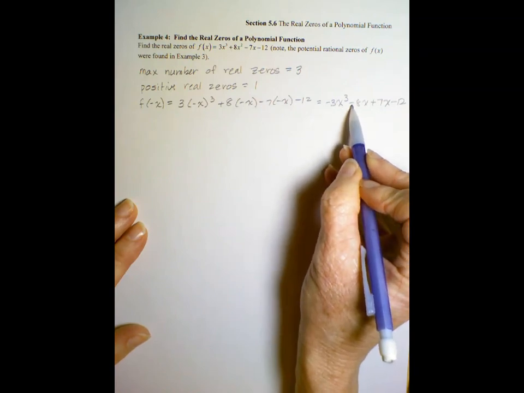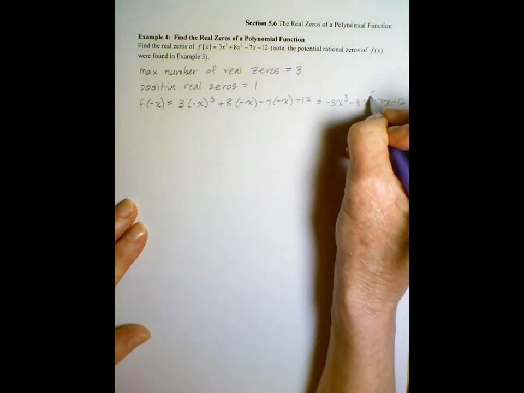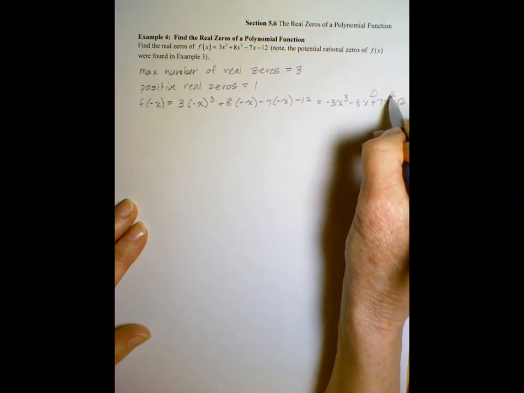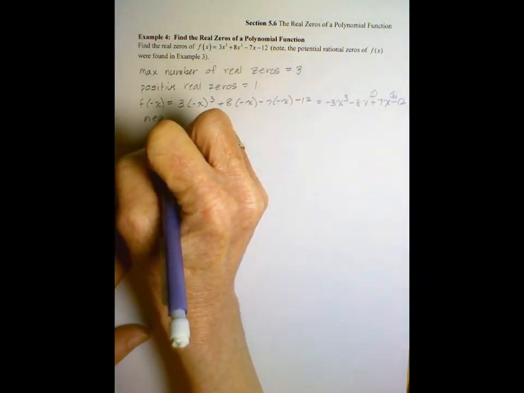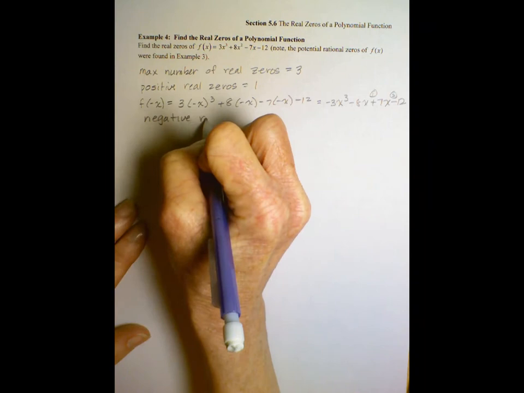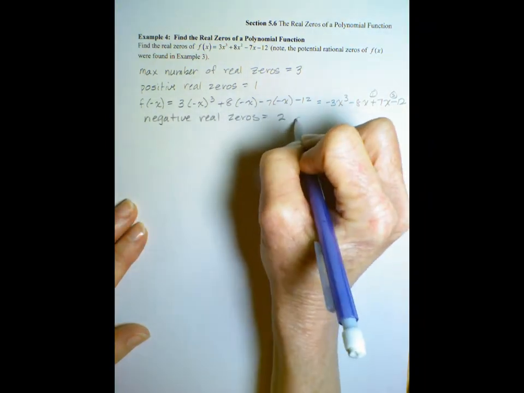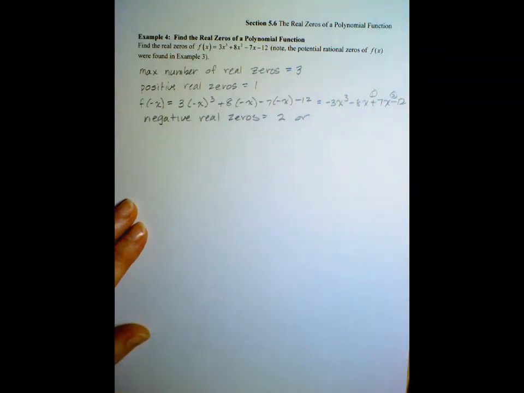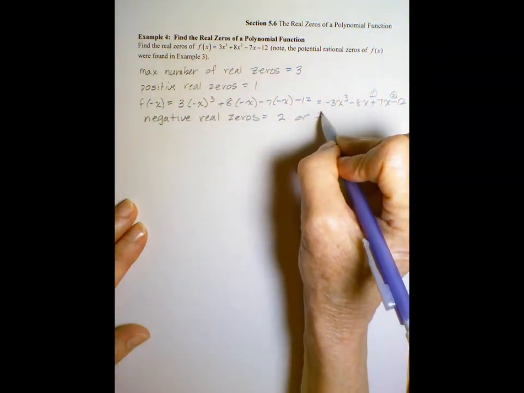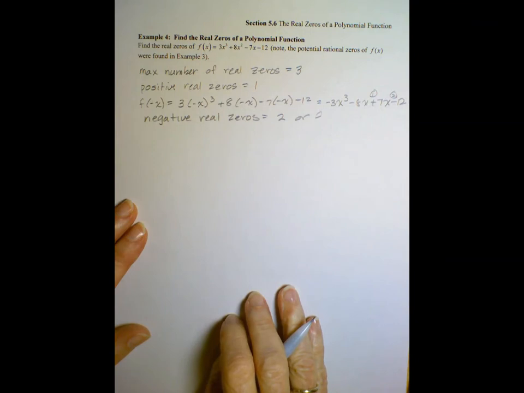Negative to positive, there's a change. Positive to positive, no change. Positive to negative, there's a change. So for negative real zeros, I have 2, or I could have 2 imaginaries and then have none that were negative. Okay, that was step 2.